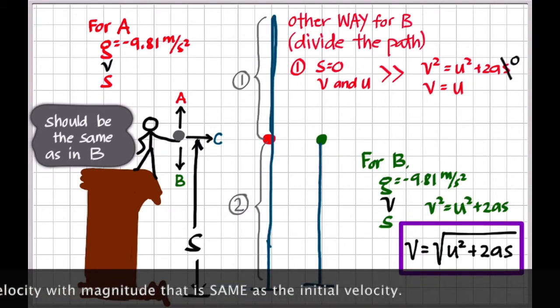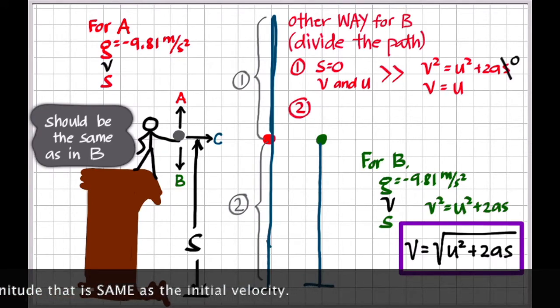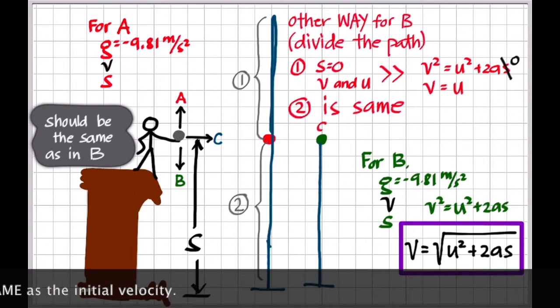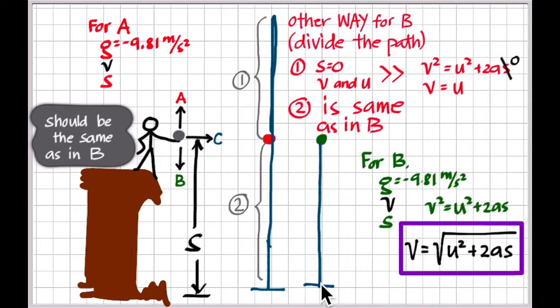Since the velocity here has the same magnitude as the initial velocity, this tells us that this part 2 of the path, this one, is the same as what happened in ball B. And therefore, the speed and velocity of ball A just before it hits the ground is the same as the speed and velocity just before ball B hits the ground.